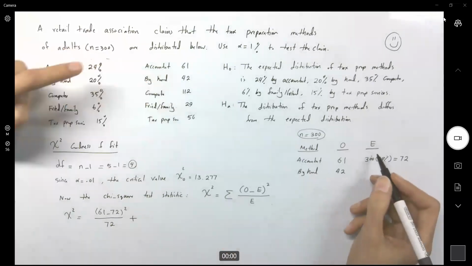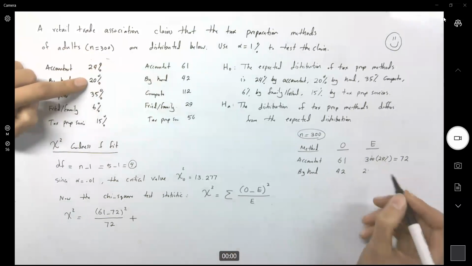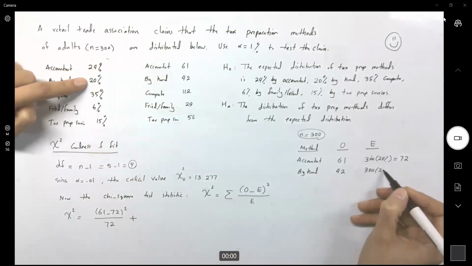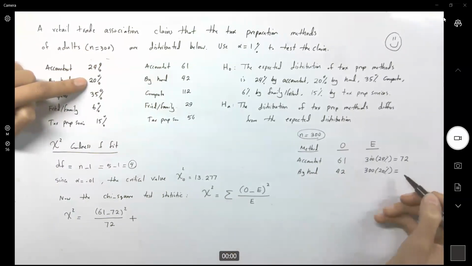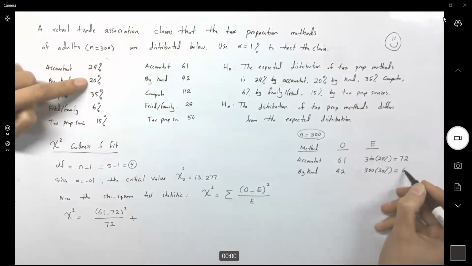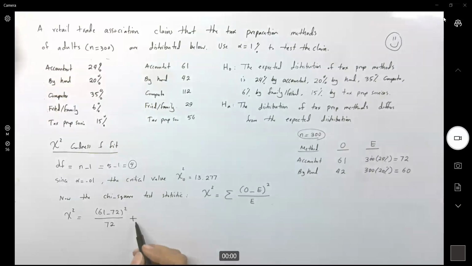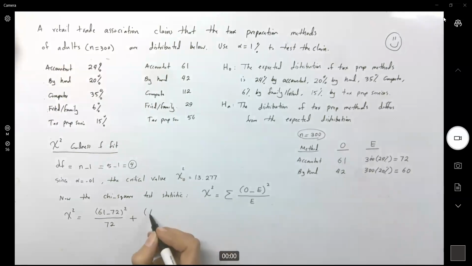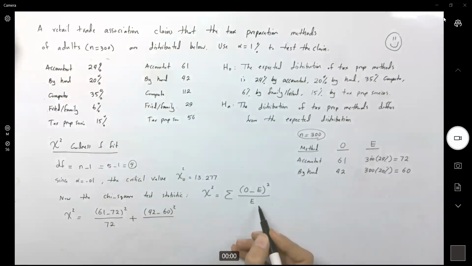The expected value is 20% times 300, which is equal to 60. So let us form the second fraction. Here we have the observed value, 42, minus the expected value, 60, to the second power, divided by the expected value, 60, plus the next one.